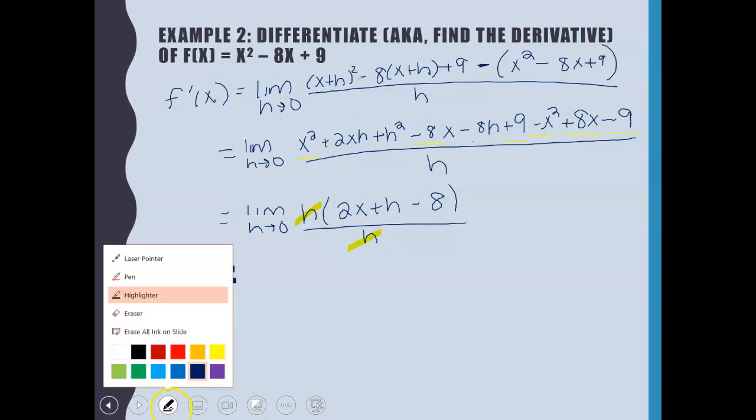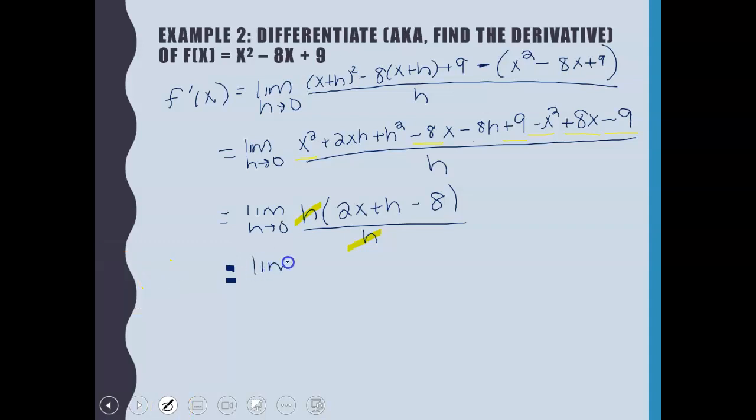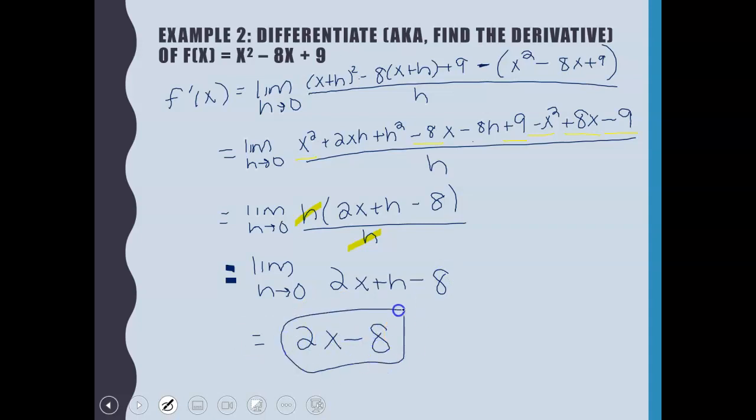Equals limit as h approaches 0 of 2x plus h minus 8. Plug in 0 for h and you get 2x minus 8. Once you plug in 0 for h, the limit goes away. We're done.